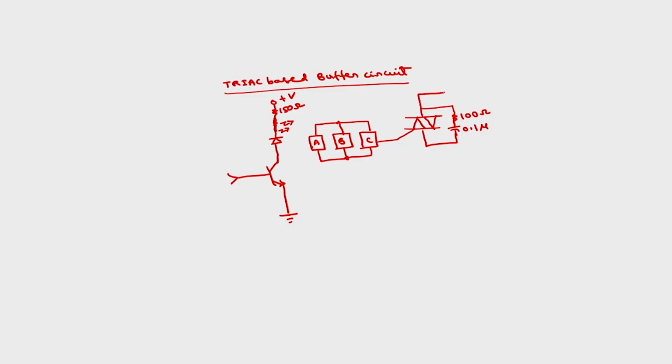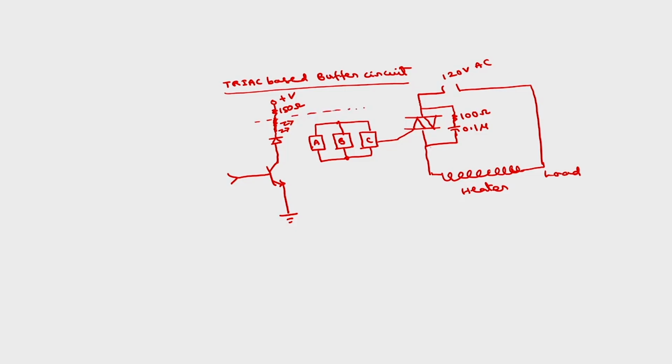So this voltage here will be high voltage, of the order of 120 volts AC, alternating current, and the load here will be a heater. This will act as the load heater. So you can take this as a block inside.